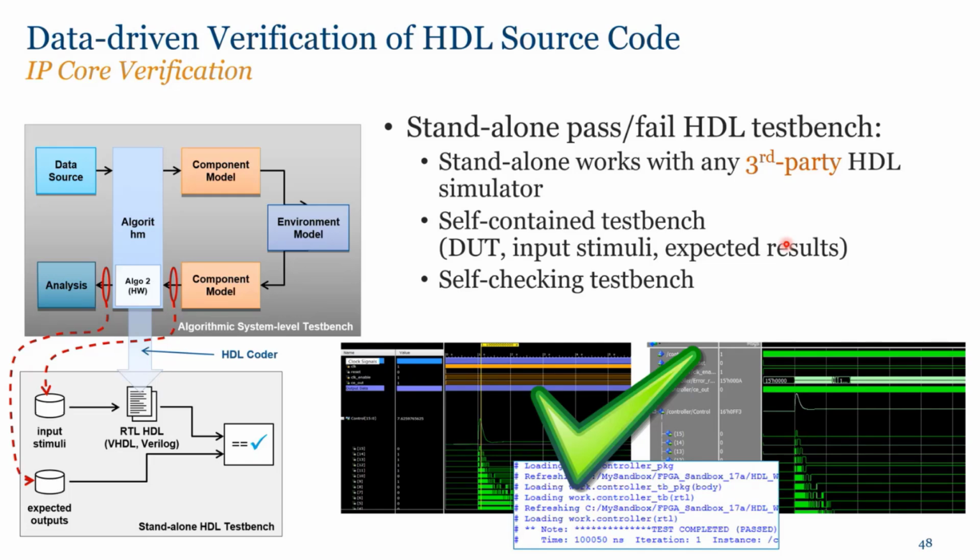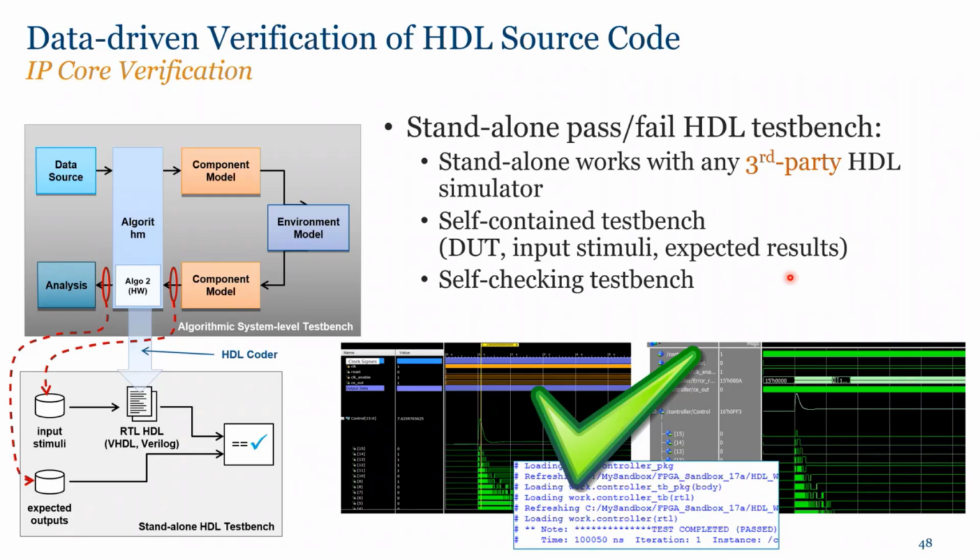So in that case, you are not dependent on MathWorks tools. You are just creating a portable HDL test bench and portable HDL code, and you have a self-contained test bench. It will call the DUT with the input stimuli, and you will have a pass-fail at the end of the simulation, where the results are compared to the expected results that you provided in Simulink.